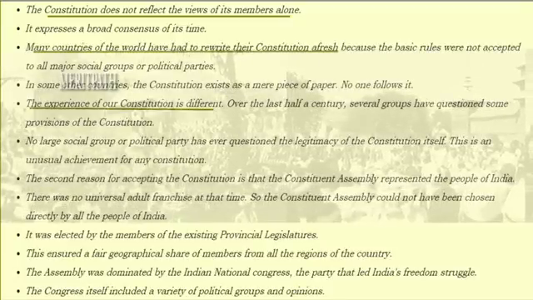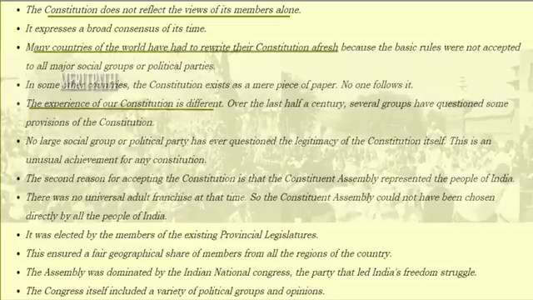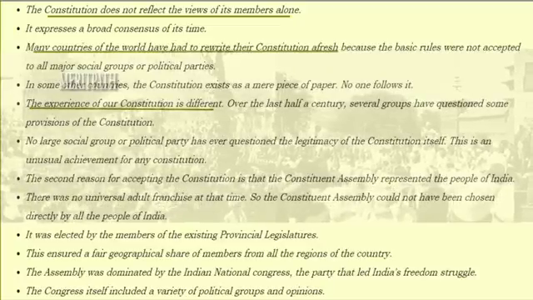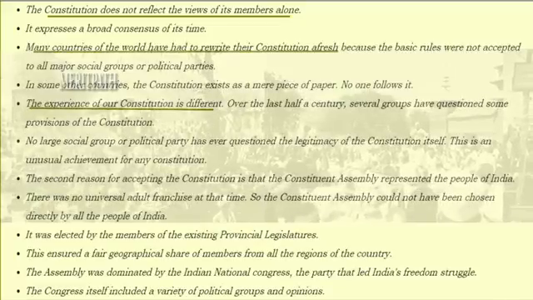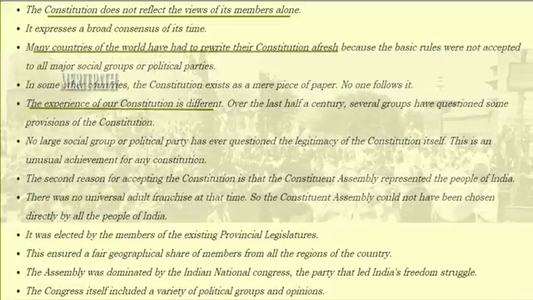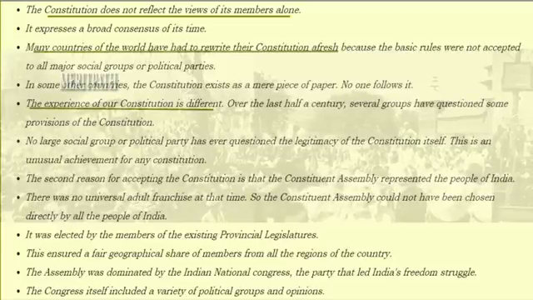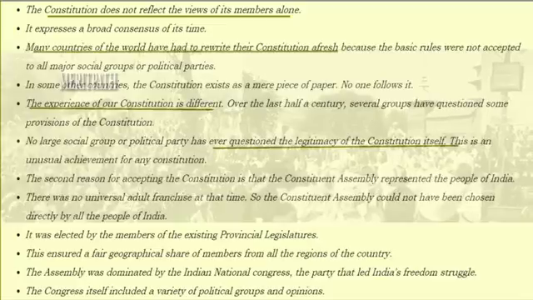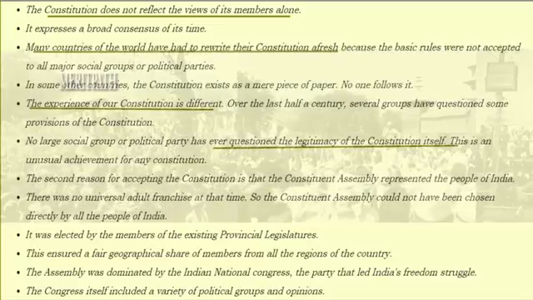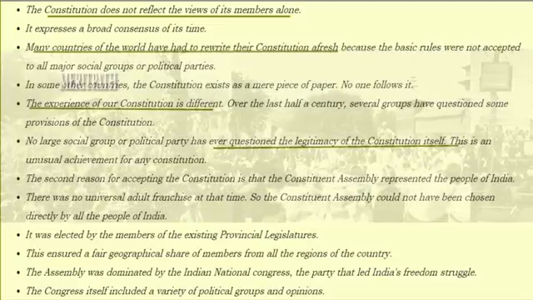Nobody follows it. But our Constitution is different. Over the last half century, several groups questioned some provisions of our Constitution, but no political party or social group ever questioned the legitimacy of the Constitution itself. This is an unusual achievement for any constitution.